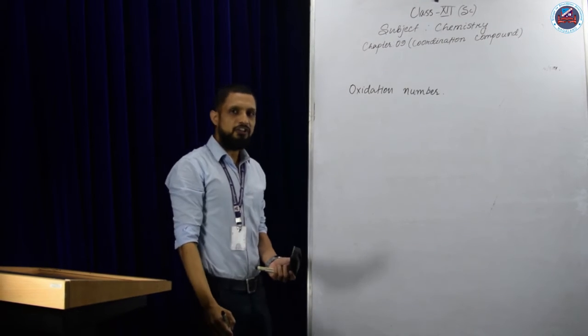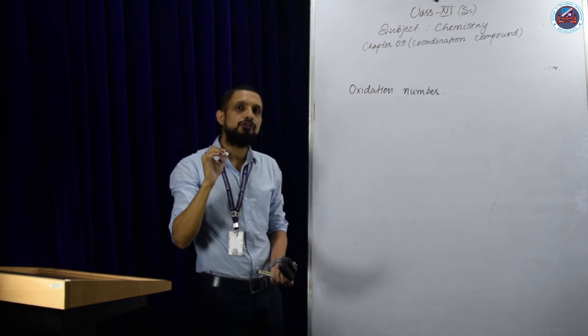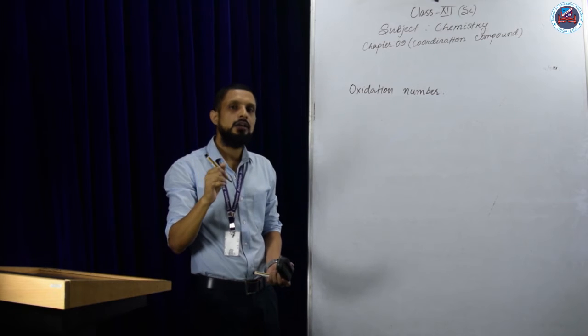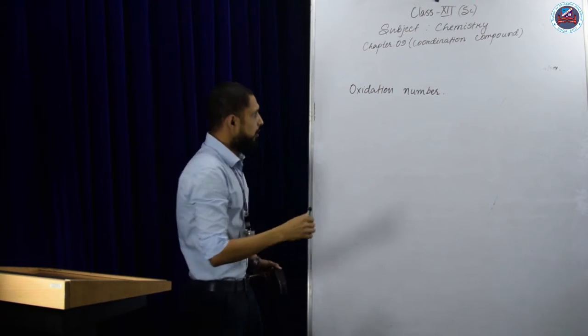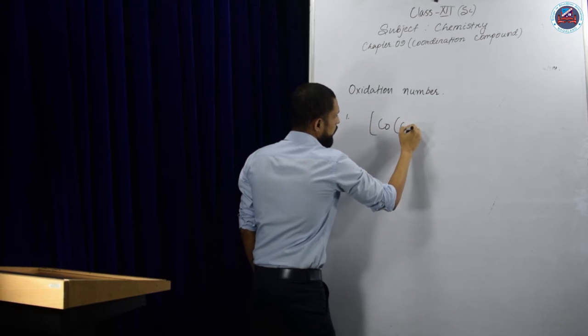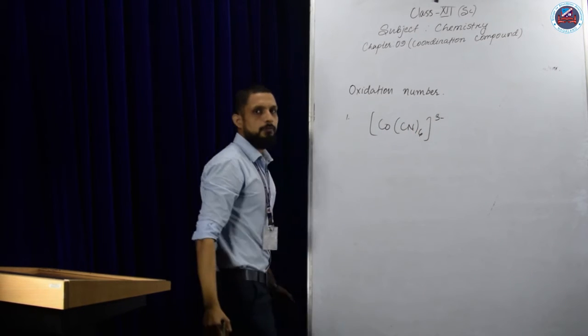Now the oxidation number is the charge carried by the central metal atom or ion in the complex. Say [Co(CN)6]3-.